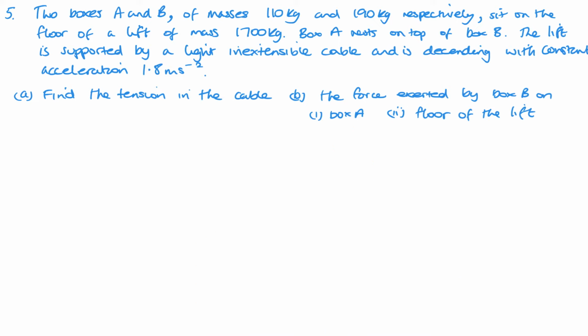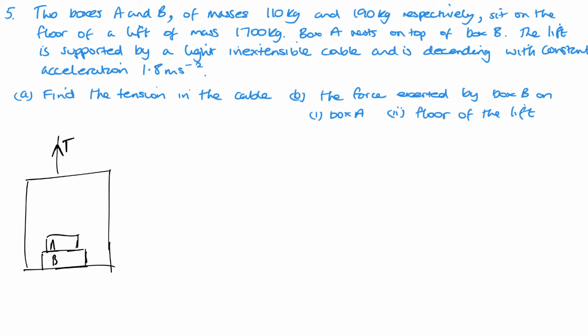So again, let's get a quick little sketch in here. So this is going to be my lift with my tension in my cable, and then we've got box A and box B. Box A rests on top of box B. So this is box B and this one is box A. A is 110 and B is 190.